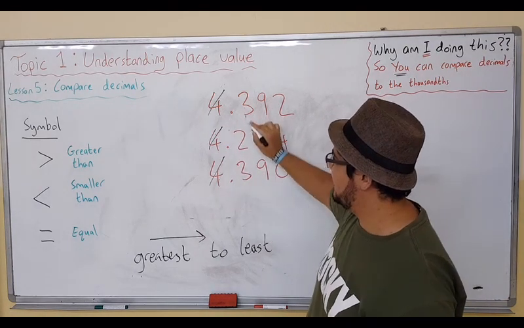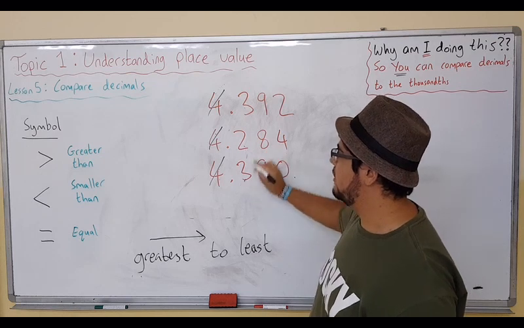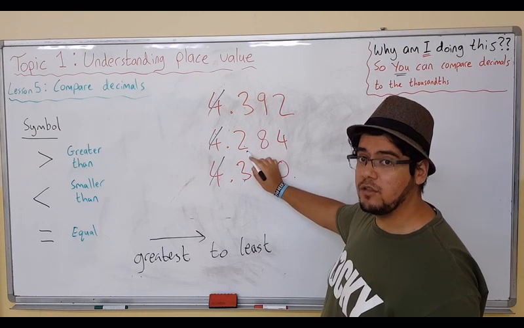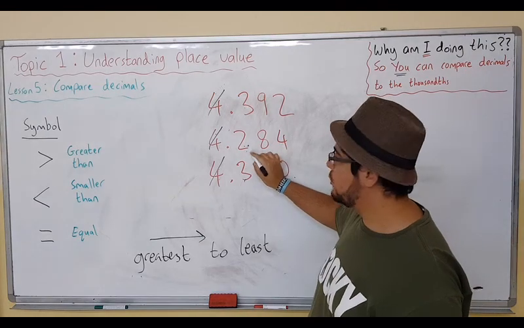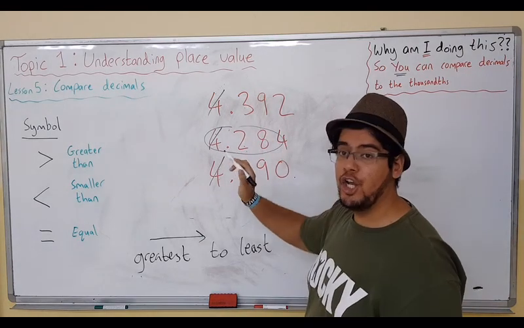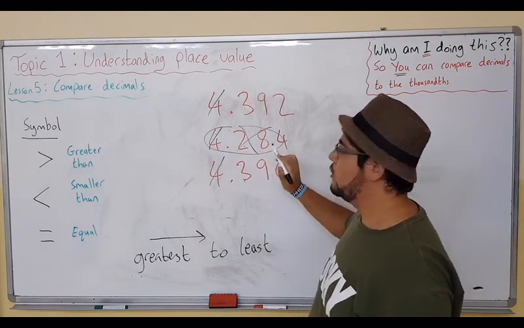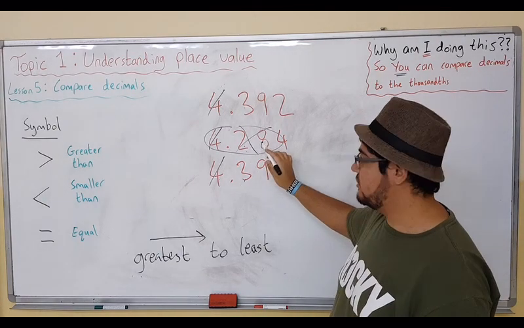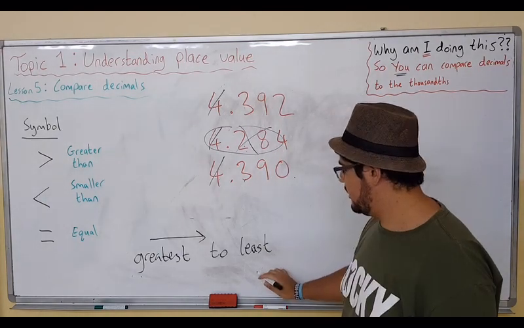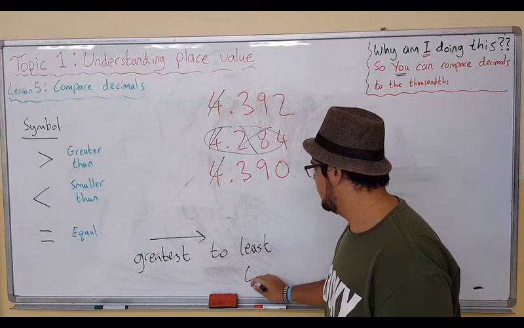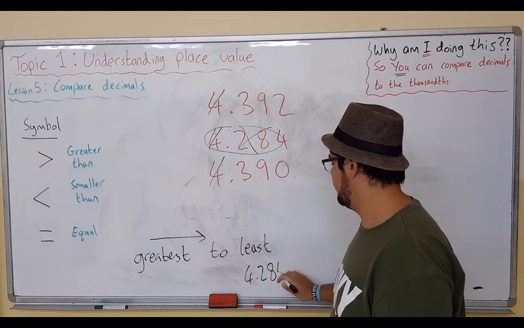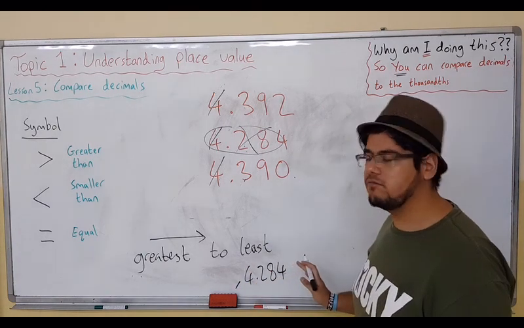Next, 3, 2, 3. Okay, so we've got 2 big numbers and 1 small number. Do we need the 2 anymore? No, we're finished with this one. We know this one is the least, right? So we can finish it off over here. 4.284. We know it's the least.